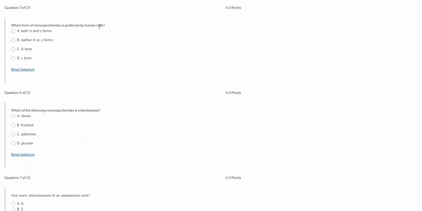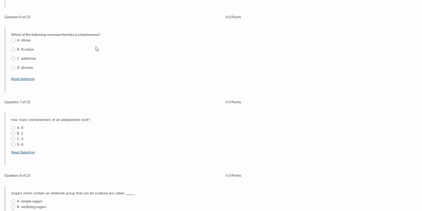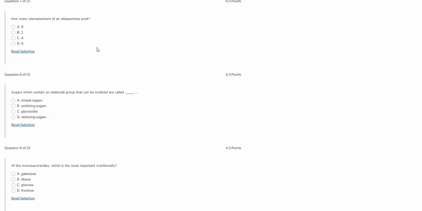Number 5, which form of monosaccharides is preferred by human cells? Human cells prefer the D form. Number 6, which of the following monosaccharides is a ketohexose? Well, that is fructose.